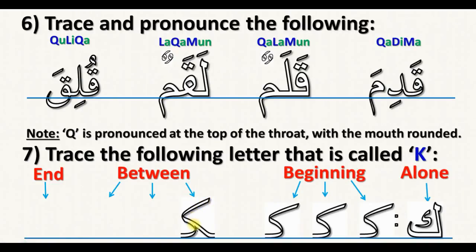Then you raise your pen and you start from here, where it will be joined to the letter that comes after it. Here we have two more examples. Once again, you start from here and you continue until you reach the top. Then you raise your pen and you continue from here, where it will be joined to the letter that comes after.